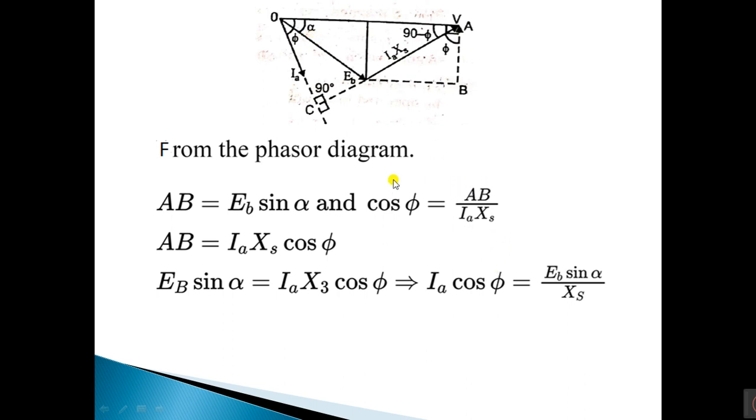So from this equation I can write AB equals IA XS into cos phi. Now both equations are the same, so I can write EB sin alpha equals IA XS. Actually here XS should appear, but by mistake a 3 came. EB sin alpha equals IA XS cos phi. So from this I can write IA cos phi equals EB sin alpha by XS.